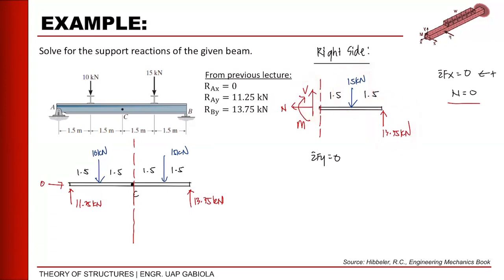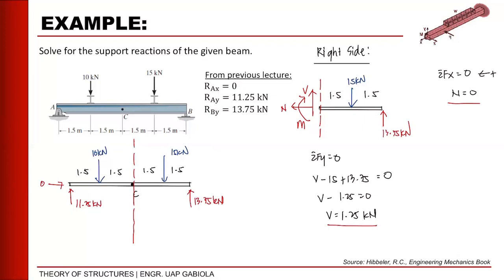So, we have V minus 15 plus 13.75 equals to 0. So, that will be V minus 1.25 is equals to 0, or V is equals to 1.25 kilonewton. Okay? So, that is our value for V.